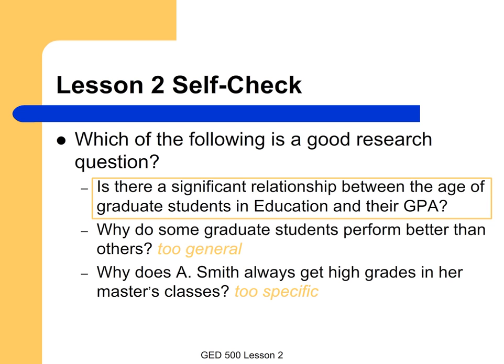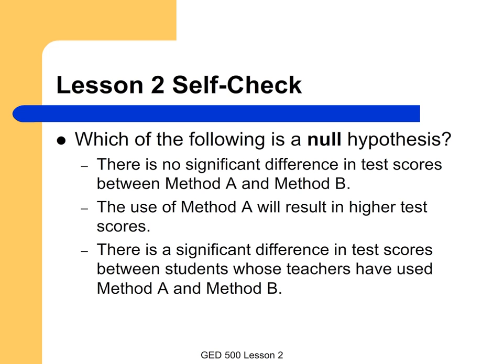What kind of relationship are we looking for? It doesn't tell us. And the third question was too specific. We're only looking at A. Smith and her grades in the master's classes as opposed to anybody else's. So now you can see the difference between a general, a specific, and a good balance between these two for research questions.